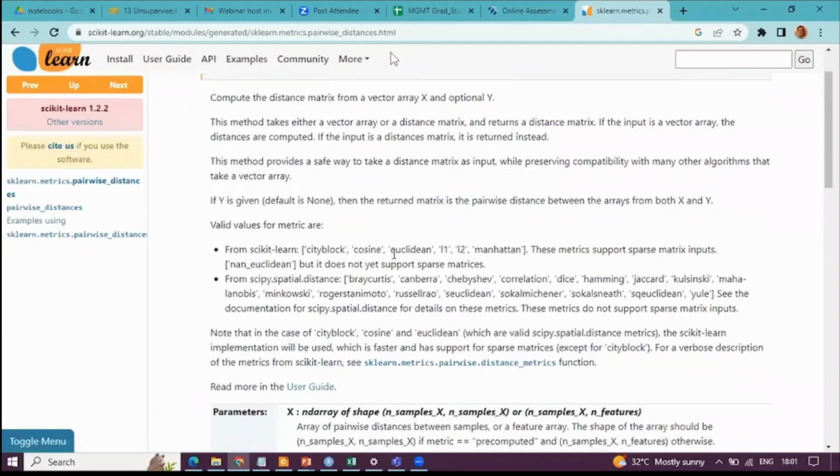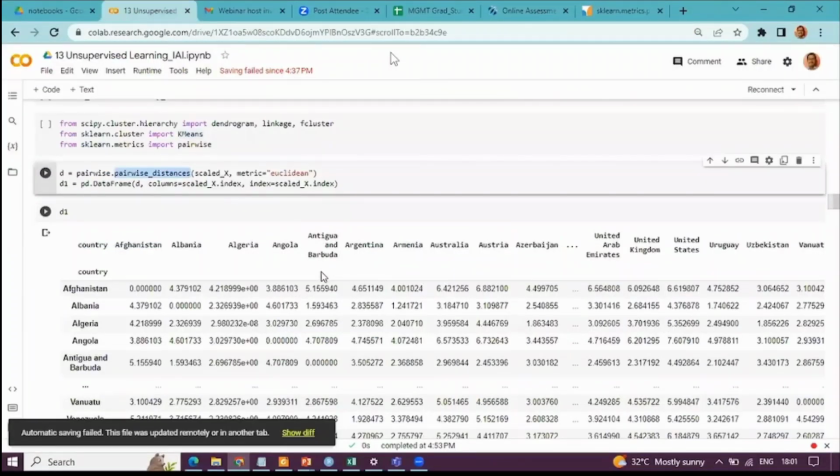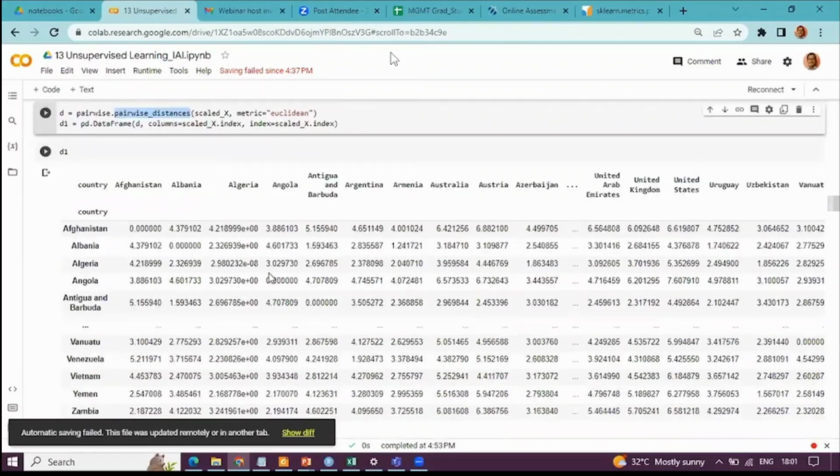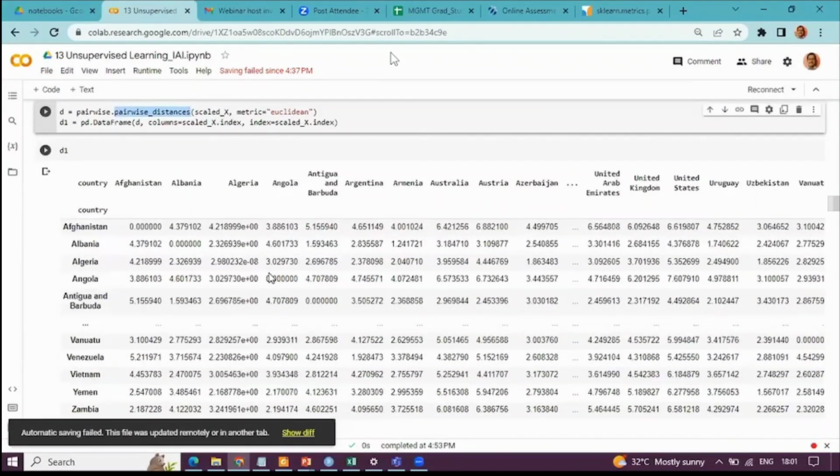You could see I can apply any of these distances. We have right now applied the Euclidean distance, but you can very well apply any of these to it. So pairwise, you can calculate the distances. Now they are all scaled.